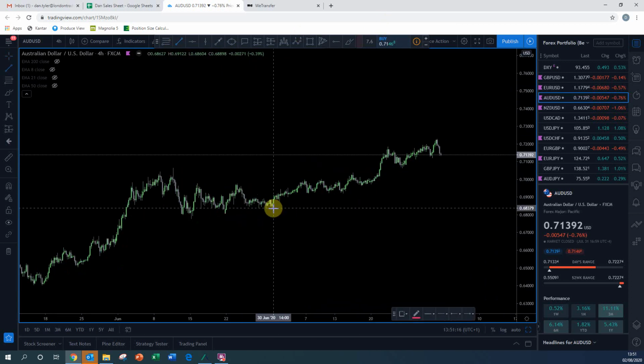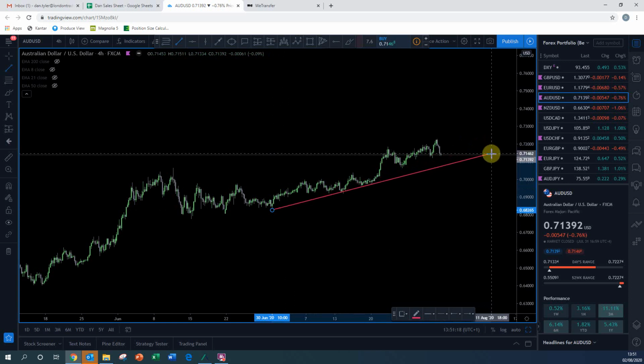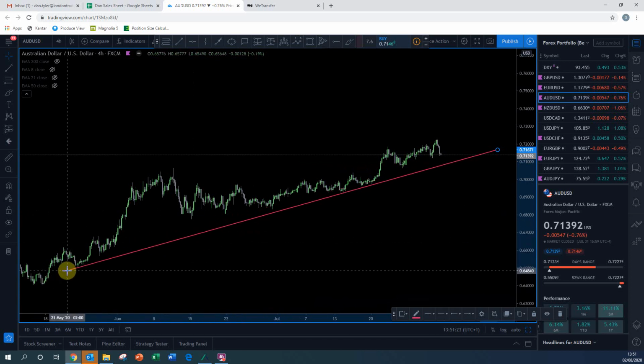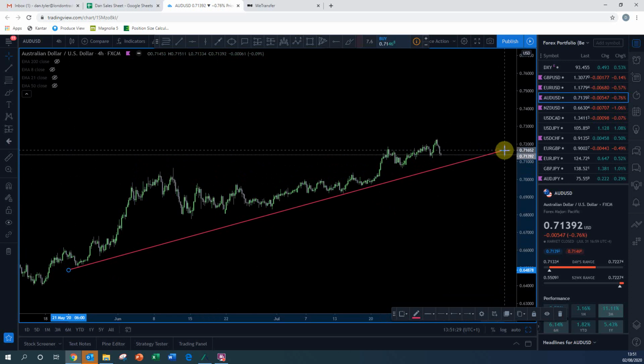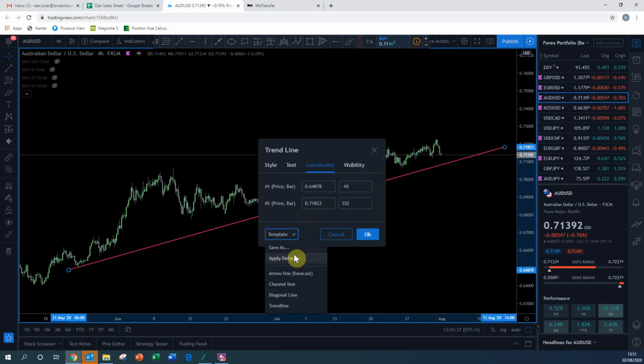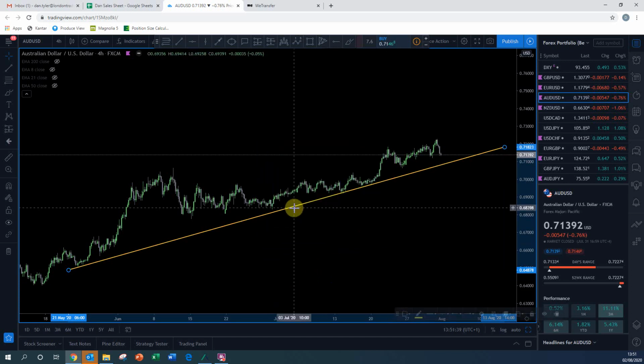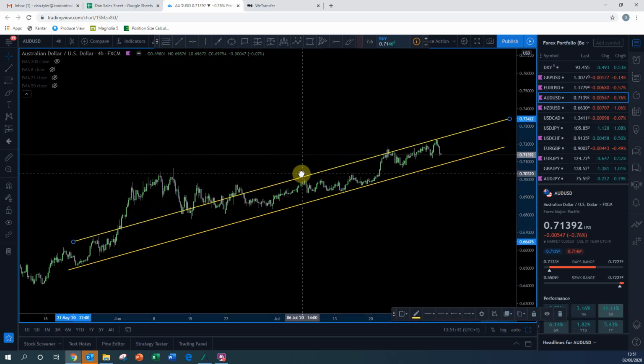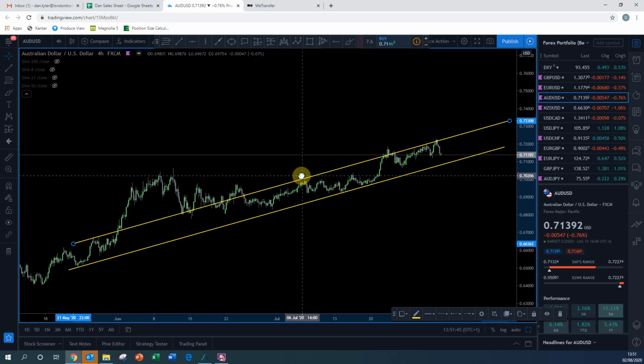It's definitely easier to draw your lines sometimes. Actually, we'll get the extra third touch there. It's not going to be the prettiest of channels, but it's certainly reactive in a way.